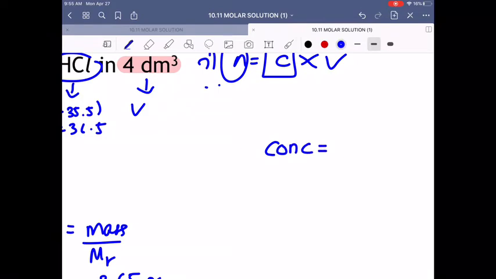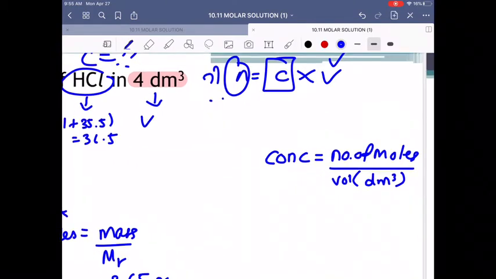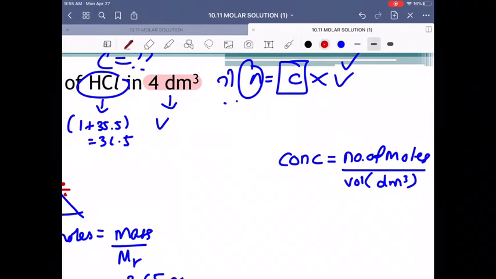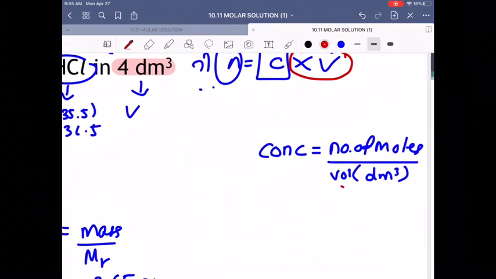Concentration is equal to number of moles divided by volume in dm cube. Don't forget, your volume you move to the other side, it becomes divide, so that you get here.